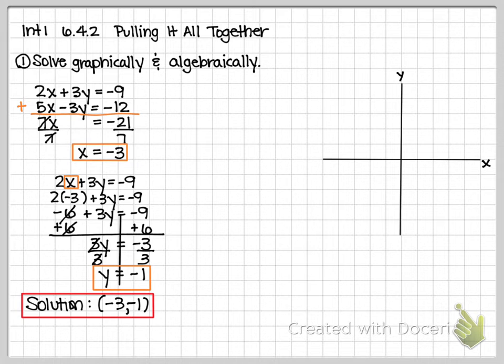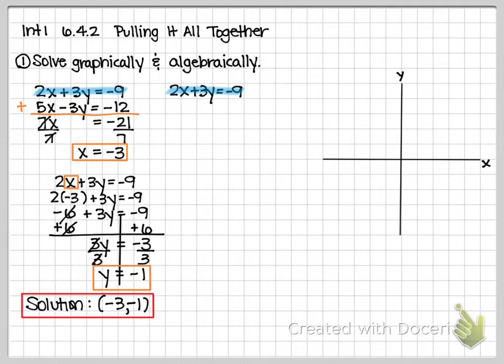If I do that, then I can see the slope and the y-intercept directly from the equation. So I think I'm going to do it that way. So let's take a look at the first one. So I'm going to go ahead and highlight this guy in blue. And I'll pull that off to the side. So I've got 2x plus 3y is equal to negative 9. So just copying it down.